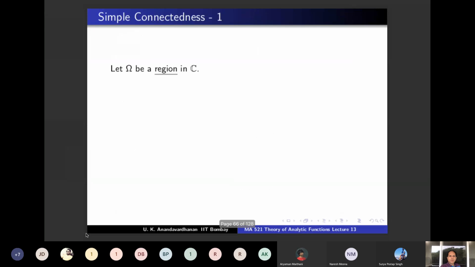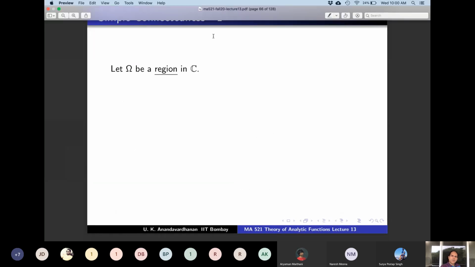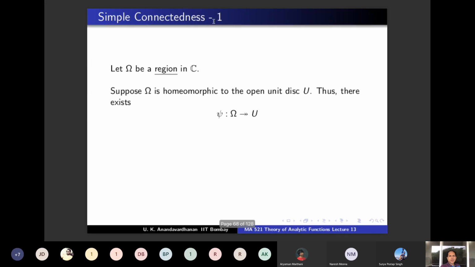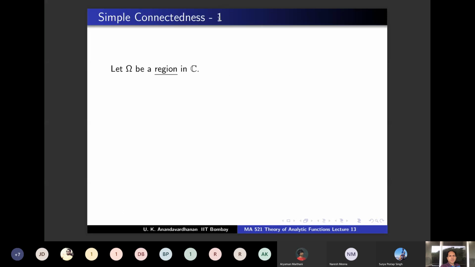So this is Mittag-Leffler. Now simple connectedness. Most of this we have done, so this is just recalling, and it will be quick. I'm going to have numbers 1, 2, etc. 9 slides. So the next 9 slides will give 9 different characterizations of simple connectedness. Simple connectedness for what? For a region in C. So assume omega is connected, right? Simply connected, the definition is connected and then something happens.